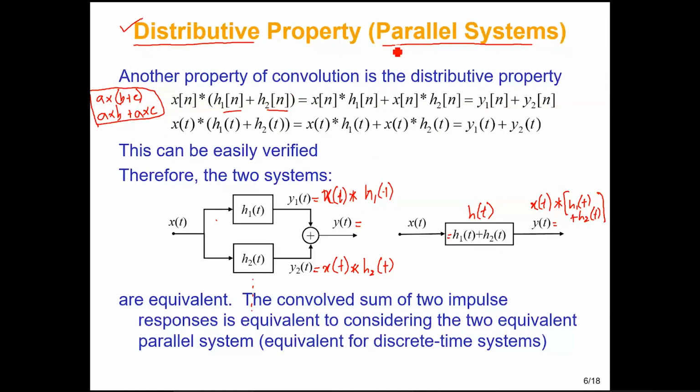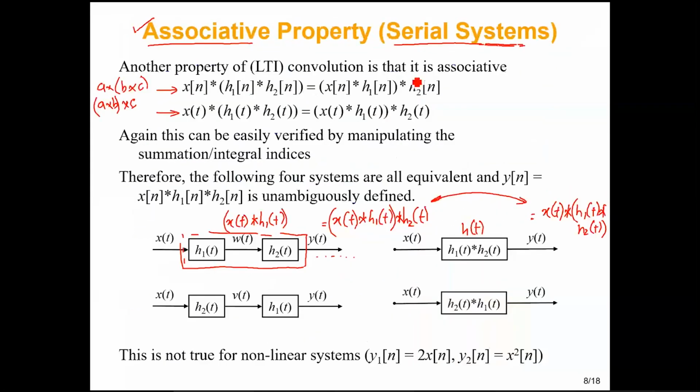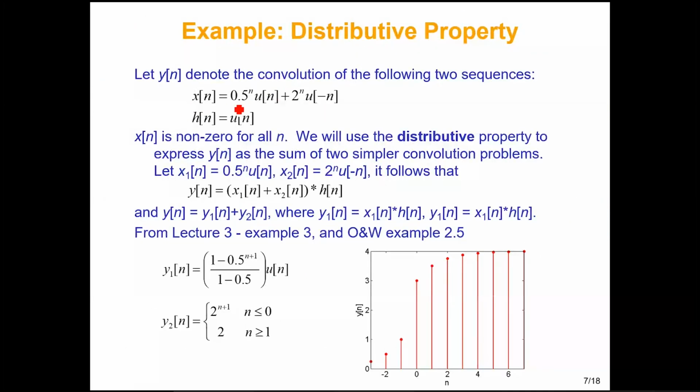The distributive property helps us in simplifying parallel systems, and the associative property ends up simplifying our serial systems for us. Now this example is again an example where we have to find the output given the input and impulse response.